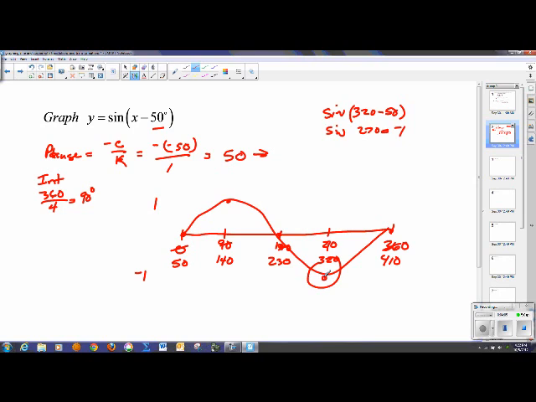And that's my value. And so therefore I've graphed it correctly. If I start at 50 degrees and at 410, there's my period of 360. And it reflects a translation of 50 degrees to the right.